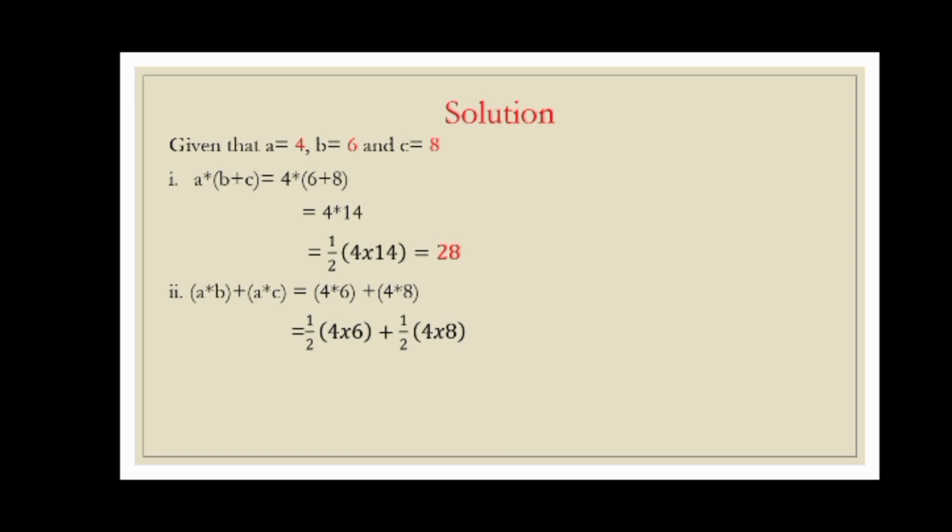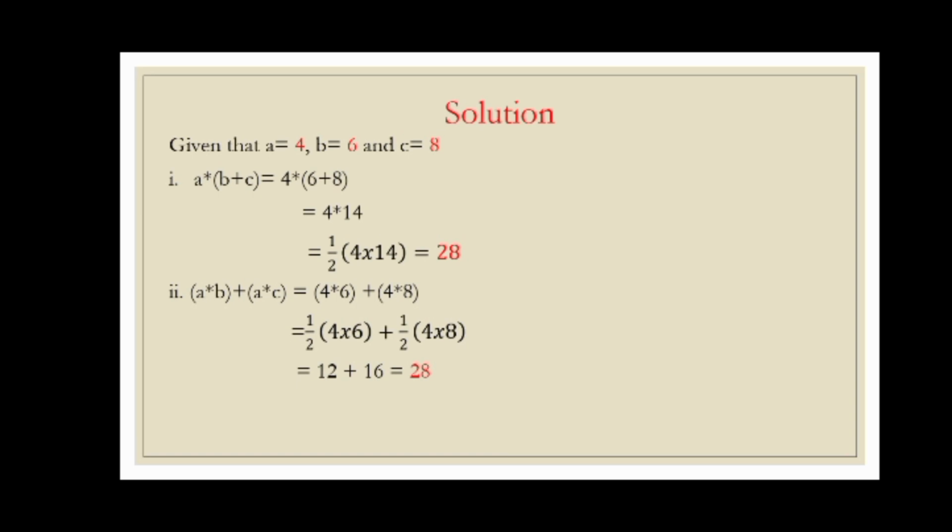Then just put it into the definition, A star B is half AB. So half of 4 times 6, then half of the next one too, that's 4 times 8. So that'll be 12 plus 16, and the answer is 28.